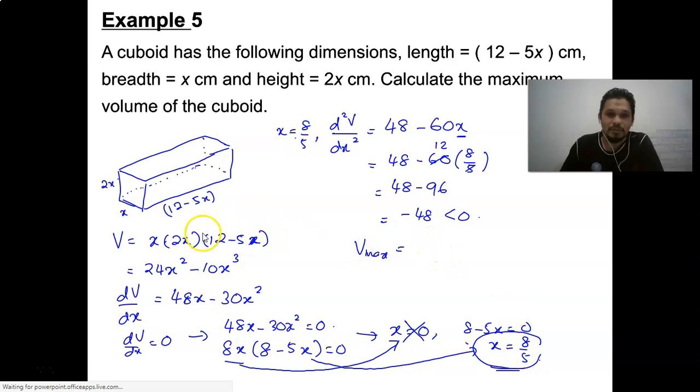So we substitute into the equation of V, x times 2x times (12 minus 5x). Substitute x equal to 8 over 5: 8 over 5 times 2 times 8 over 5, and 12 minus 5 times 8 over 5.